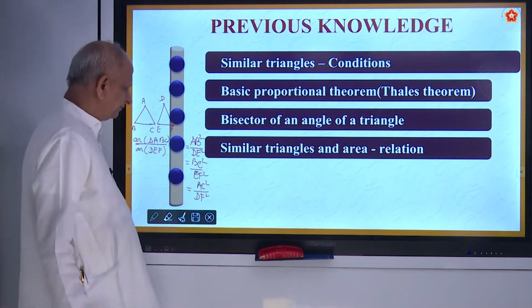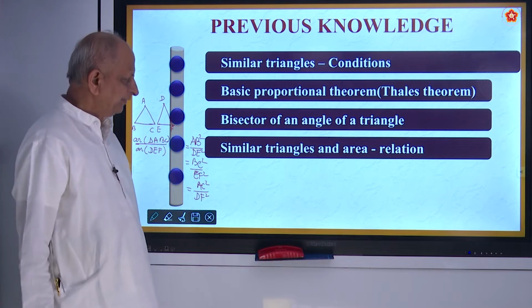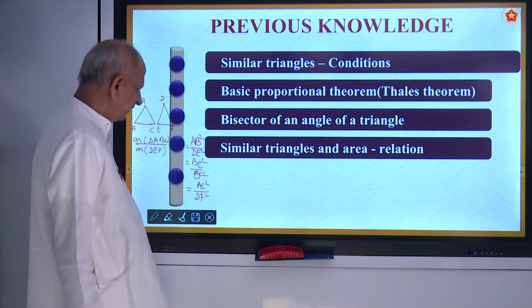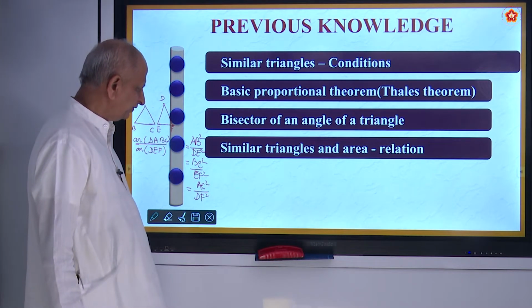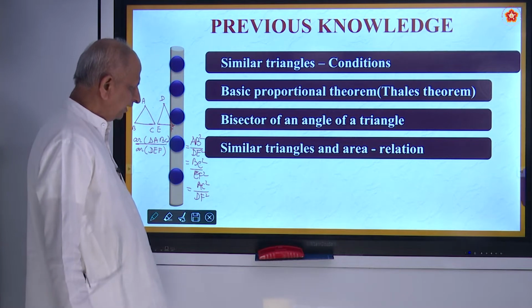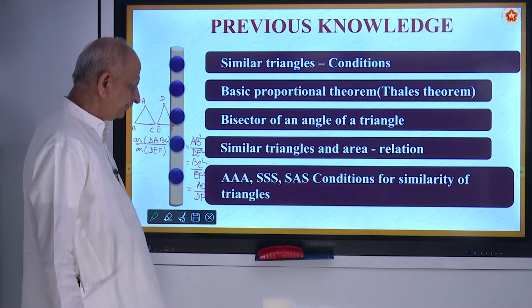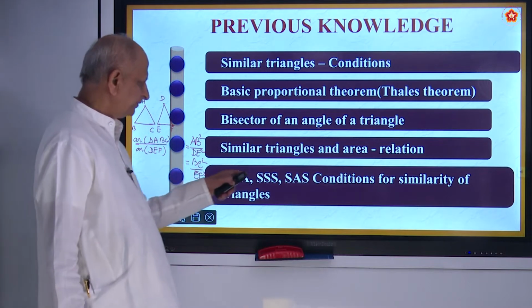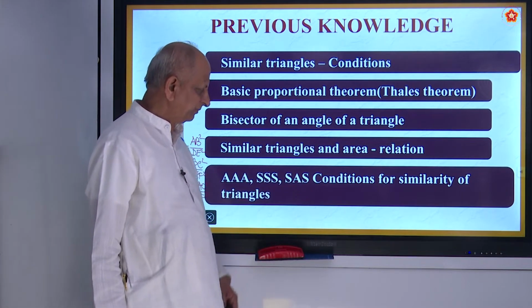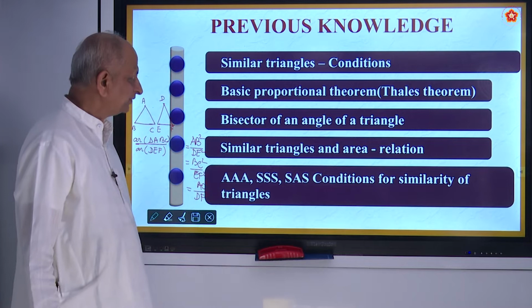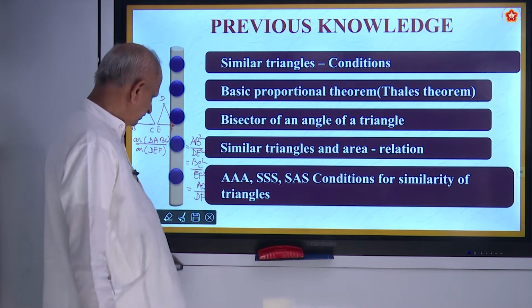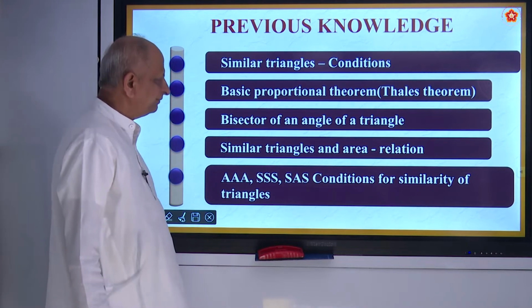So that is the meaning. This is also a very important theorem, and we have worked out some problems on this. And also we have seen AAA, SSS and SAS conditions for similarity of triangles, which I just now discussed. So these are things which I already studied.